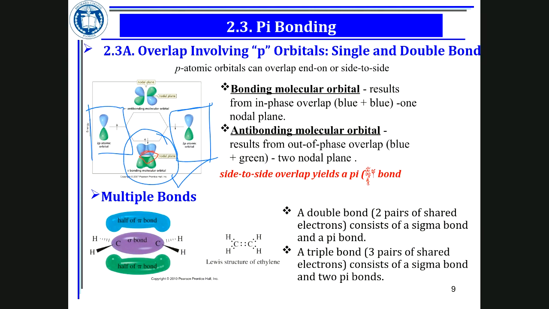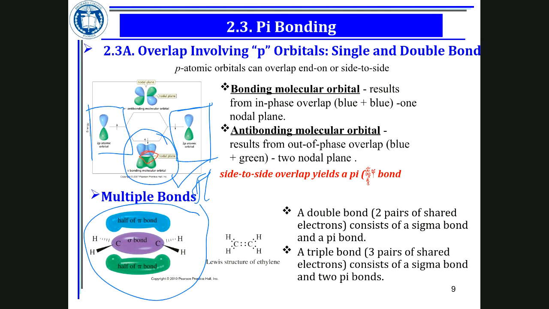So what is the disadvantage of that? When you are getting a pi bond, it is going to be weaker than a sigma bond. So this type of molecular orbital is called the pi orbital, not a sigma orbital.